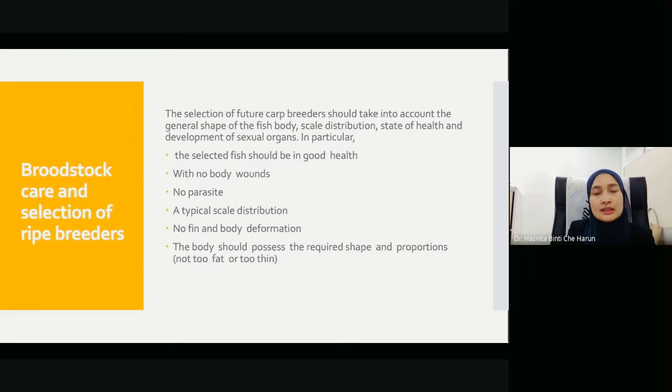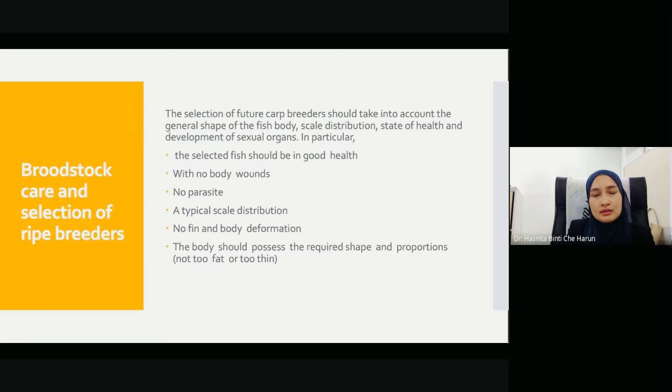So how is it distributed, no fin or body deformation, and also we need to check that the fish is not too fat or too thin so that it can possess required shape that we want, and optimum proportion.